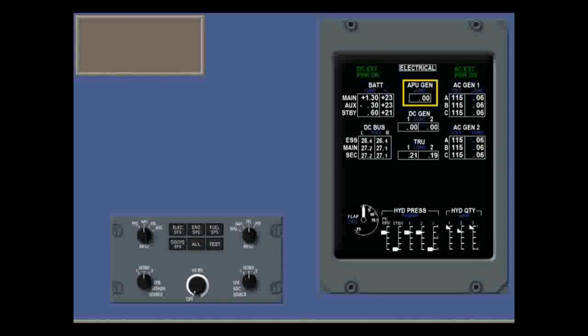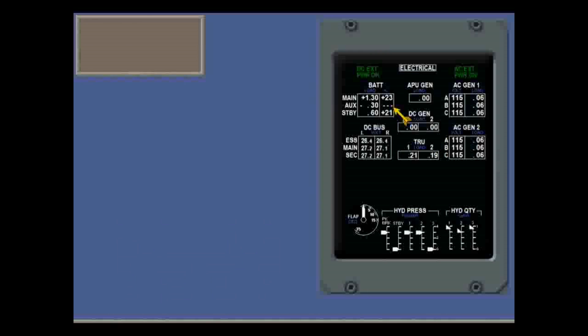In the center are load on the APU generator, if installed, load on DC generators 1 and 2, and load on TRUs 1 and 2. Again, all are percentages of maximum. If any electrical figure is invalid, it is replaced by dashes.